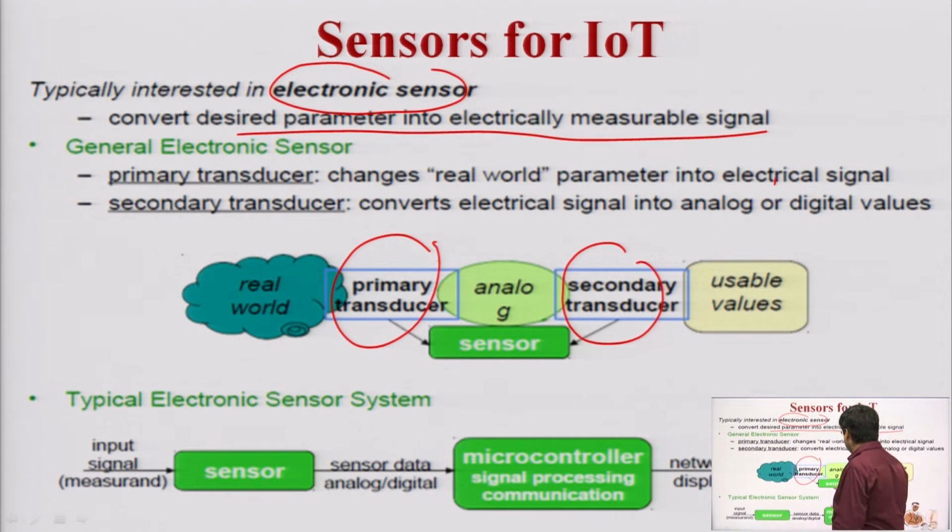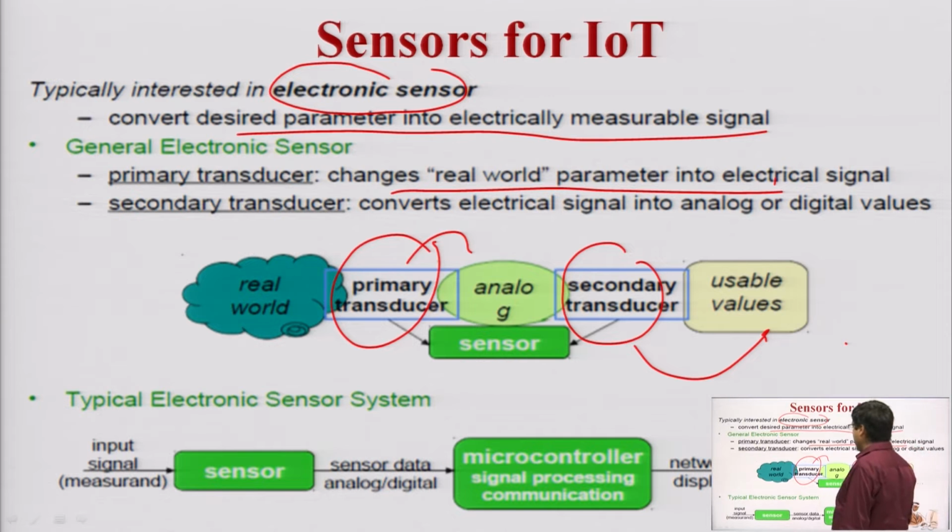A sensor uses the same concept, it converts real world data into electrical voltage or current, but here we can deploy two things, primary transducer and secondary transducer. The primary transducer changes a real world parameter into an electrical signal as the normal operation of the sensor, but again the secondary transducer converts this electrical signal into digital, analog or voltage values.